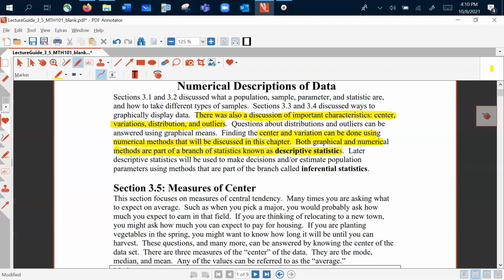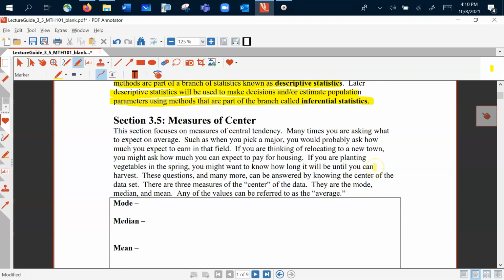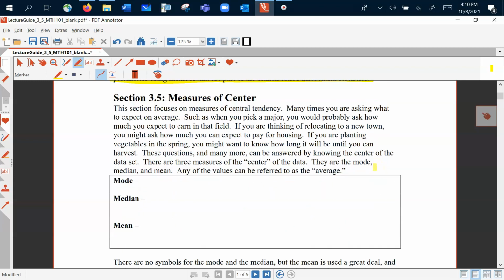That's known as inferential statistics, when we use descriptive statistics to make an estimate on parameters about the population. Okay, so this particular section focuses on measures of center, otherwise known as measures of central tendency.